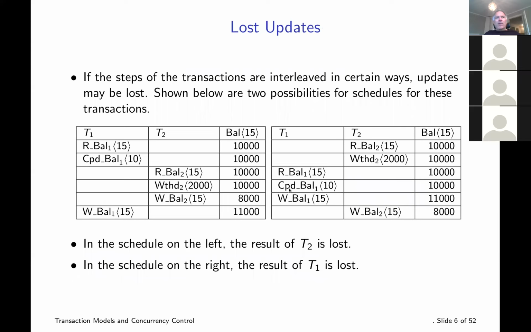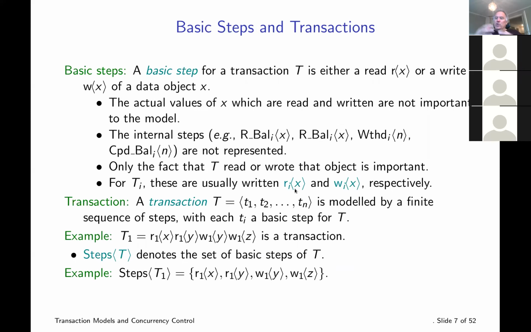These are like read balance, compound balance. There could be an unending amount of this kind of pseudocode operations, but it's too specific to one particular application. What Gray was able to do was lift all of that out and abstract the whole thing to something extremely useful and extremely basic, and that is to model everything as reads and writes.